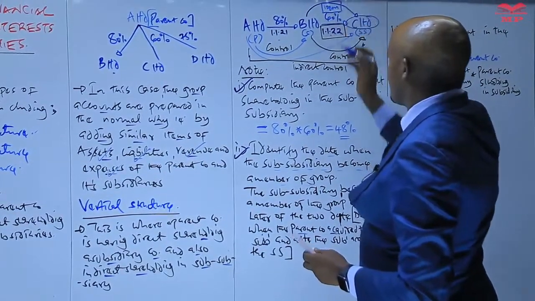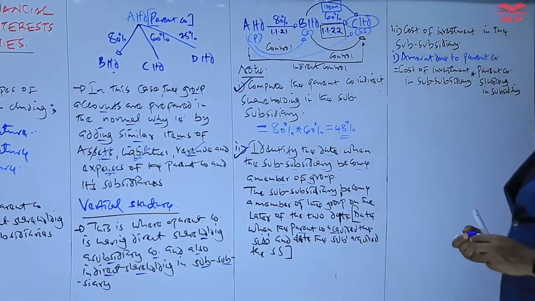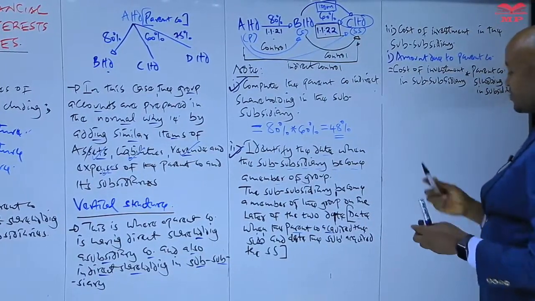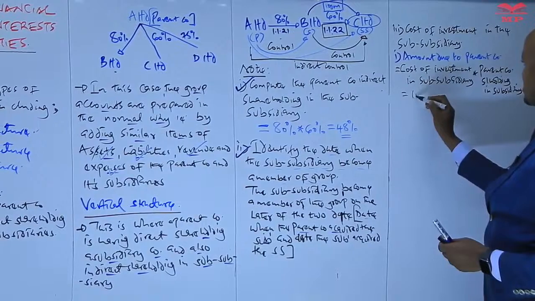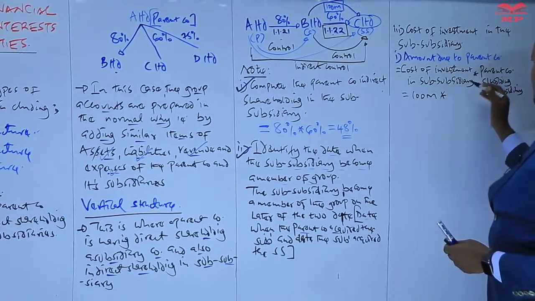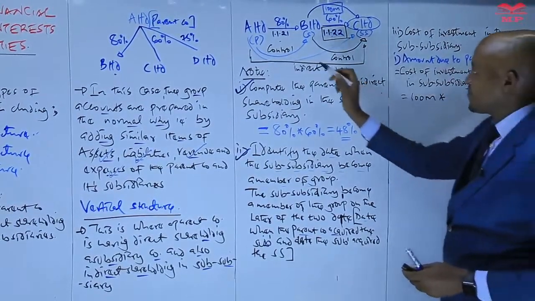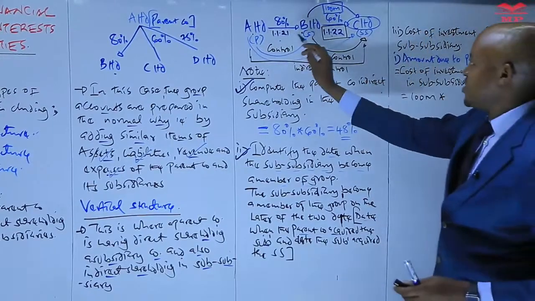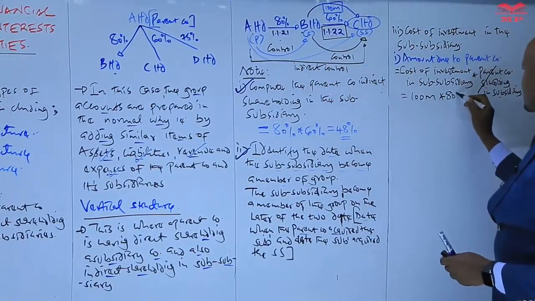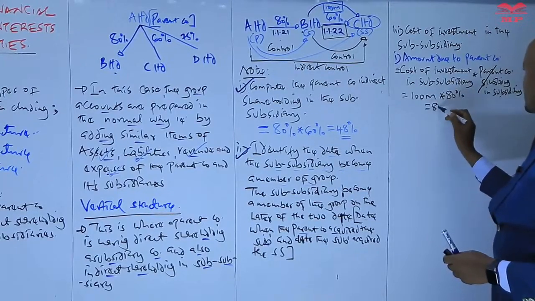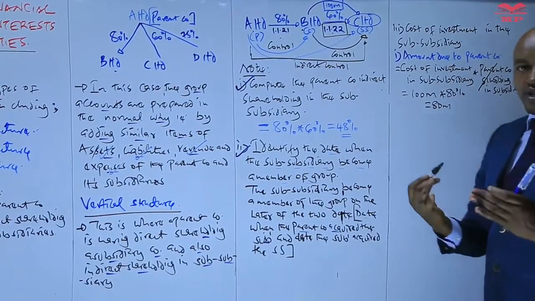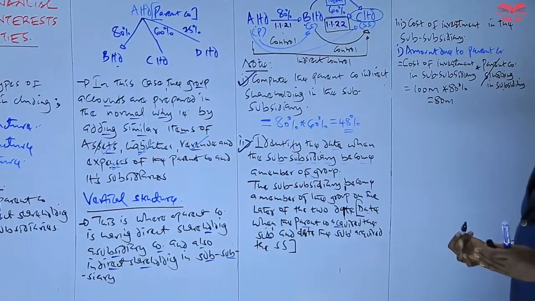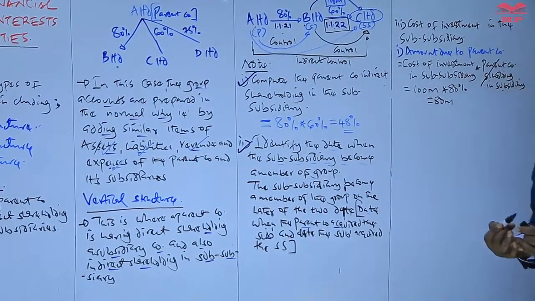So how do we compute the amount deemed to be paid by the parent company? We take the cost of investment in the subsidiary, which we are given there as 100 million, and then multiply that with the parent company shareholding in the subsidiary, which is 80%. So in this case, we get 80 million. This is the amount deemed to be paid by the parent company in acquiring shares of the subsidiary.